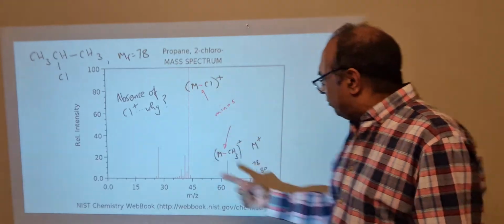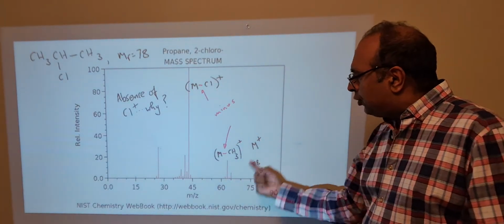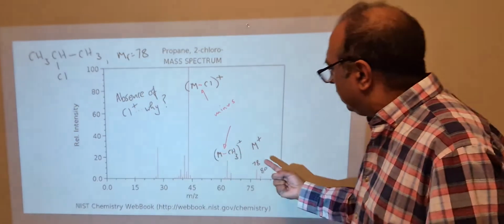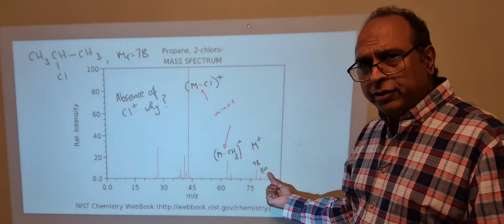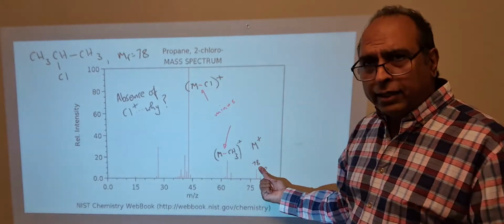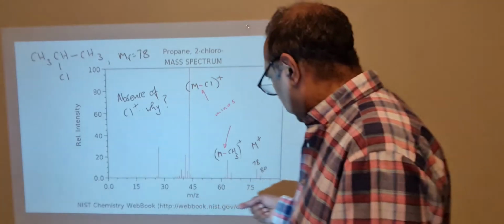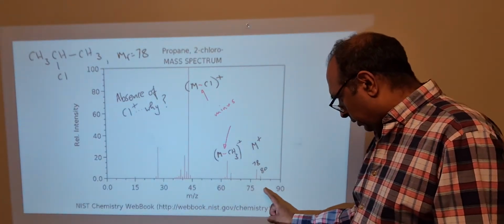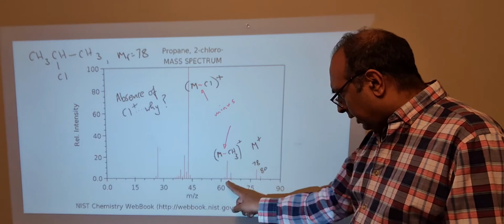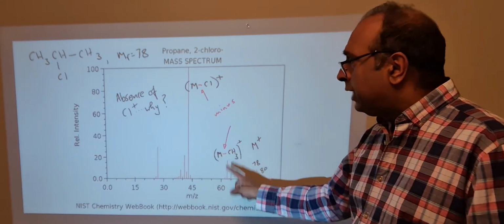So these two represent the molecular ion, positively charged. This one is with the heavier isotope of chlorine, and that's with the lighter isotope of chlorine. Both of them are the molecular ion. So what's that peak there? Well, that is 15 less. 15 less than this is 63, and the molecule, a CH3 less.